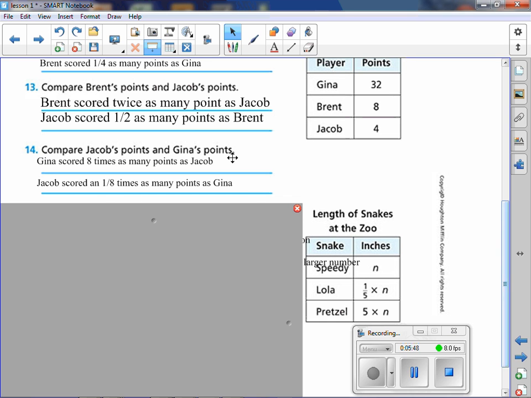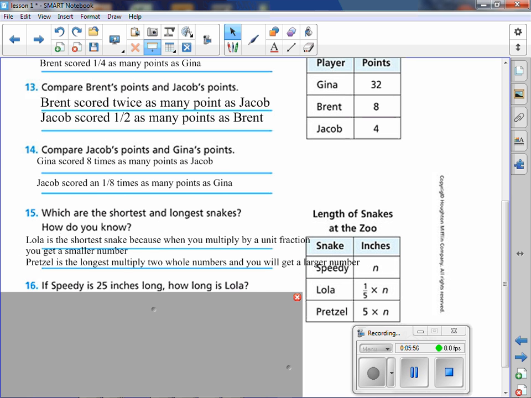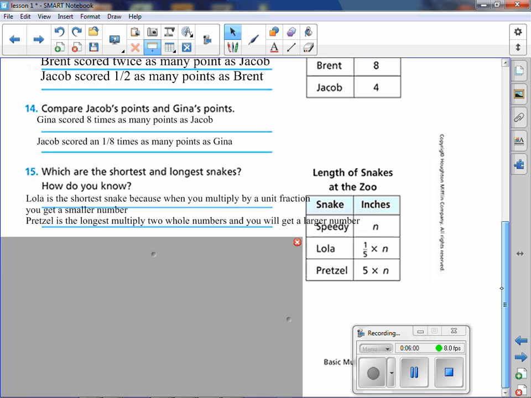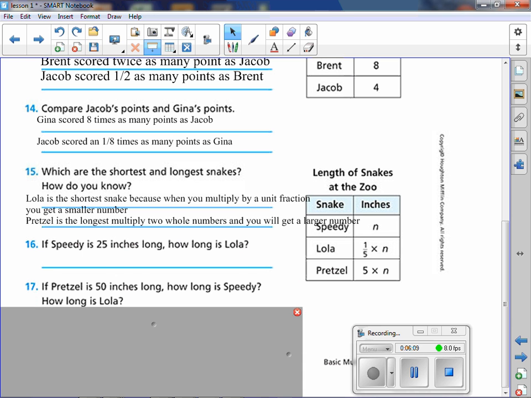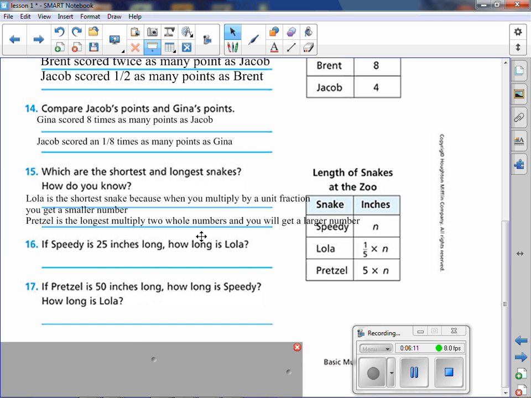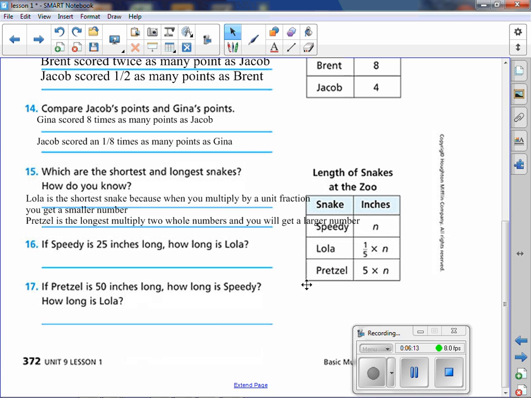Gina scored 8 times as many points as Jacob, right? 8 times 4 is 32, and Jacob scored an eighth as many points. Now I just explained the snake thing, so let's give you the answer. Lola's the shortest snake because when you multiply by a unit fraction, you're getting a smaller number because you're actually dividing. Pretzel, on the other hand, is the longest because when you multiply two whole numbers, you get a larger number.